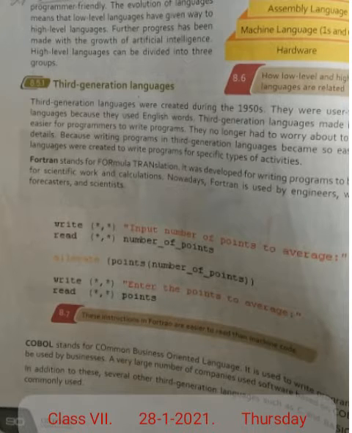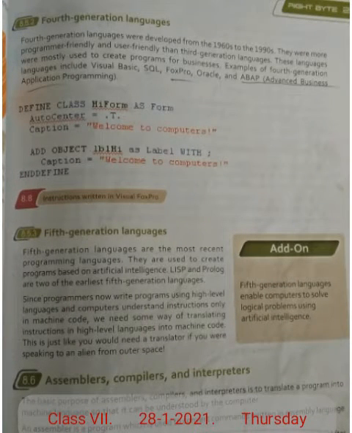The fourth generation language was developed from the 1960s to the 1990s. They were more programmer friendly and user friendly than the third generation languages. These languages were mostly used to create programs for business purposes. For example, fourth generation languages include SQL, Visual Basic, FoxPro, Oracle, ABAP, which stands for Advanced Business Application Programming.